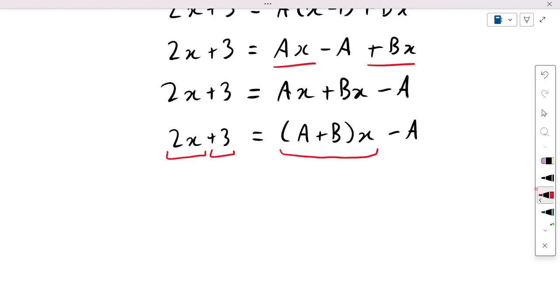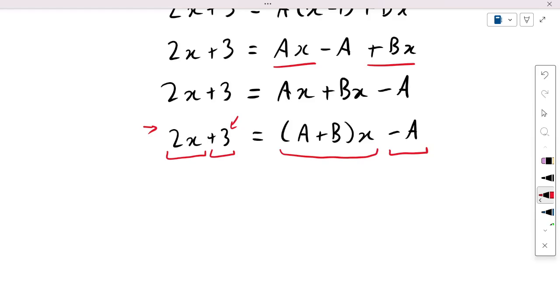This is a constant, and this is also a constant. Meaning, because this is an equation, these two actually have to be equal to each other. So what if I told you that 2 is equal to a plus b, and positive 3 is equal to negative a? What if I told you that, so that we can make this equation true.